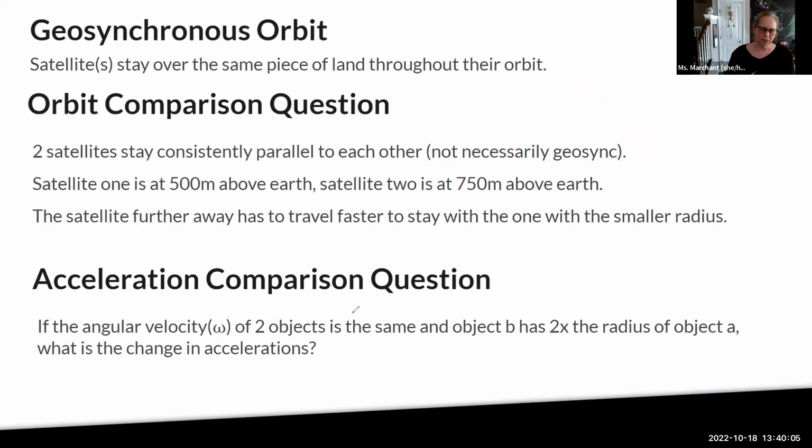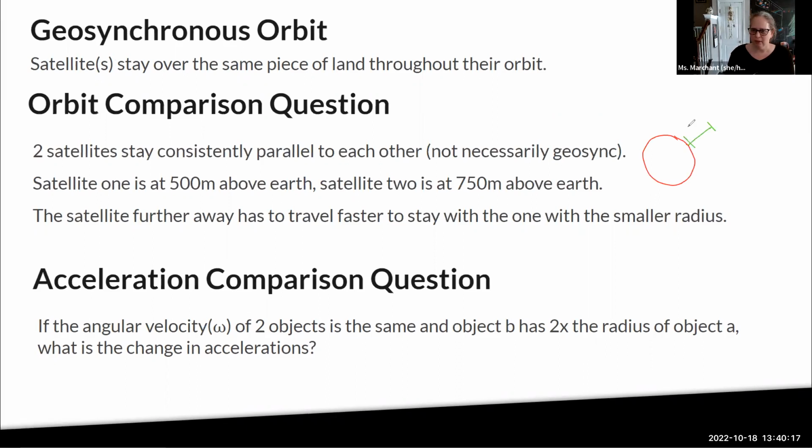So what could we have? We could have a question that wants us to compare two satellites. Okay, so here we have our Earth. One satellite is 500 meters above Earth. So here we go with one satellite. And another satellite is 750, but they are parallel to each other.